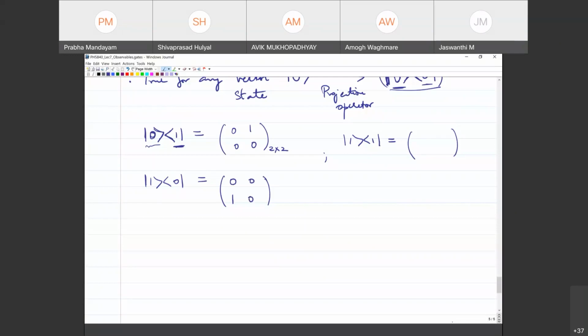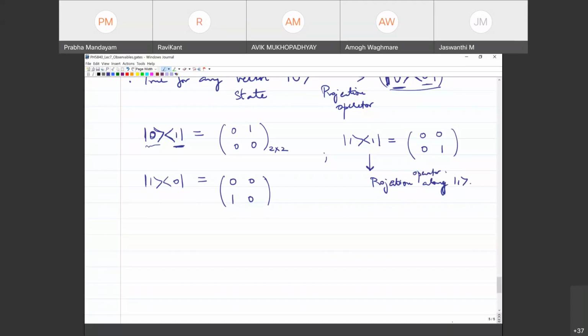And what is |1><1|? 0 0 0 1. Indeed. Very good. And is this a projection operator? Yes. So this is a projection along ket 1. This is a projection operator which projects along ket 1.